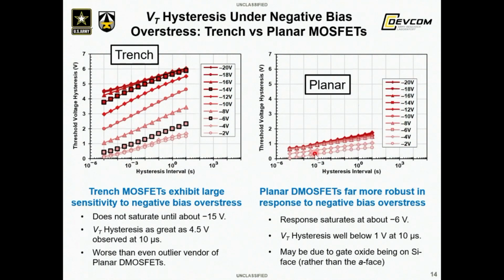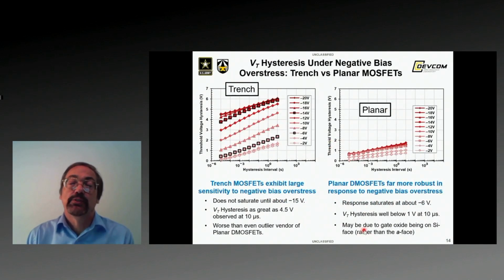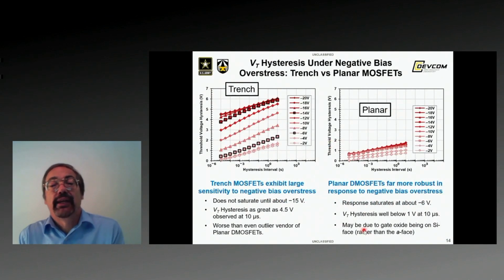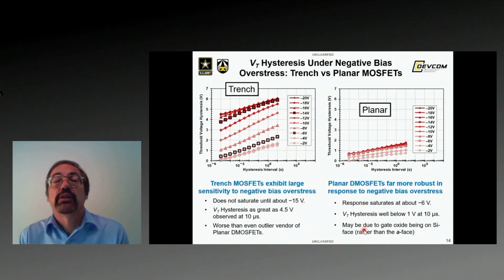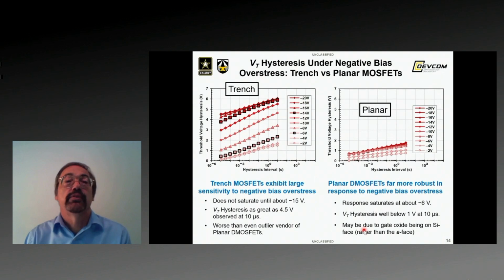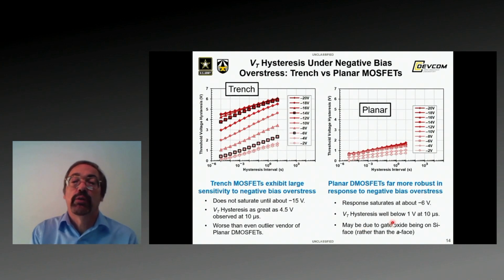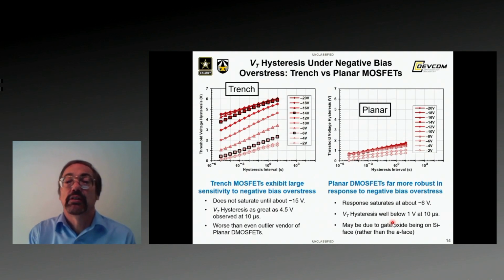And for the planar device, we observe that the full response saturates by the time you get to about -6 volts, and that VT hysteresis is well below 1 volt at 10 microseconds compared to the 4.5 volts we see for the trench device. And that difference may be due to the gate oxide being on the silicon face of a planar device rather than the A face or M face of a trench device. And so there may be more charge trapping in those A face oxides.